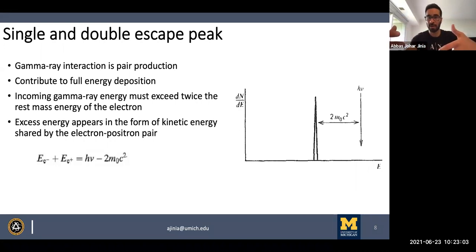So that much energy is used to produce the electron and positron pair. And the excess energy is distributed in the form of kinetic energy, carried by the electron and positron pair. So when we look at the balance equation, the kinetic energies of the two particles, electron and positron, will be the energy of the incoming photon minus twice the rest mass energy of the electron.